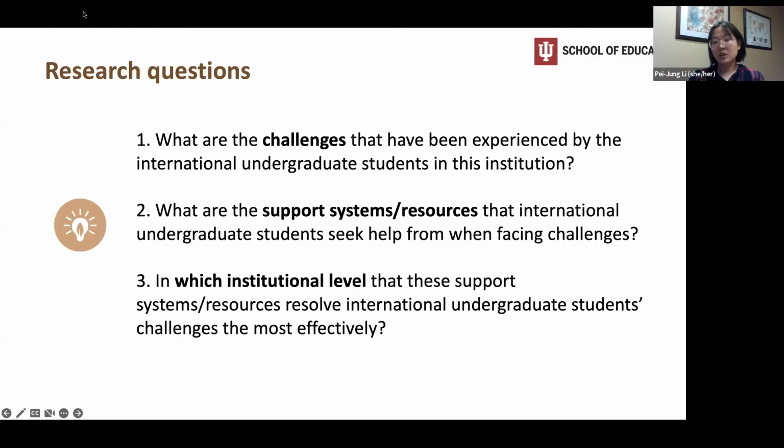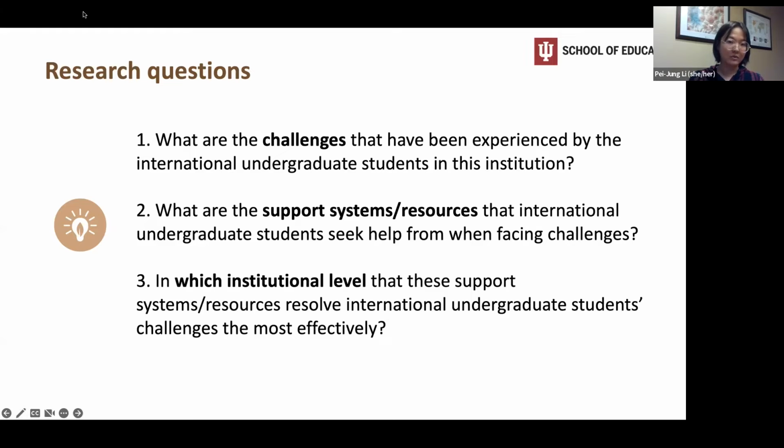The second question, following the first one, is what other support systems or resources international undergraduate students seek help from when they face these challenges. People could arrive at these questions in different ways. For example, personally, I'm an international student, so I care about international students, and I want to first understand their challenges.